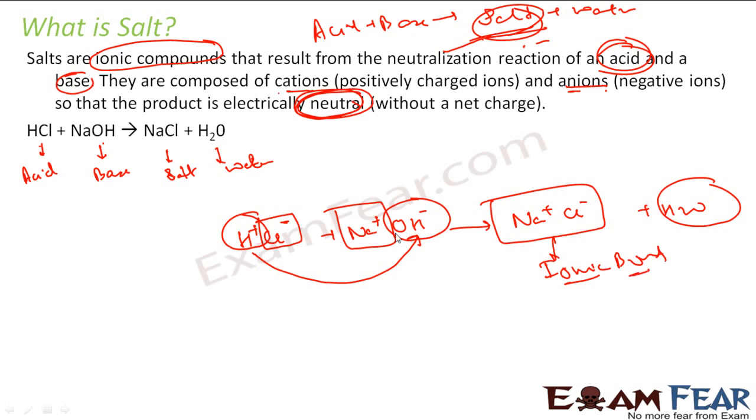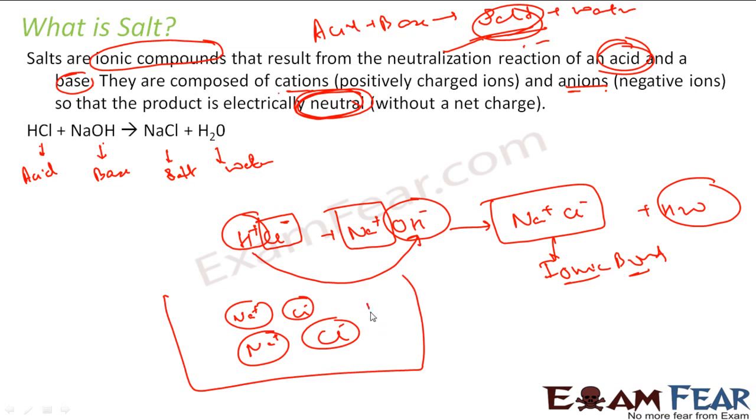They have an ionic bond between them. In an aqueous solution, if you put this NaCl, you get Na plus ion and Cl minus ion separately, and they'll float around. If you put this in water, you'll find a lot of Na plus ions and an equal number of Cl minus ions.